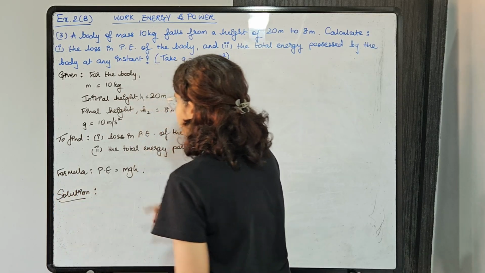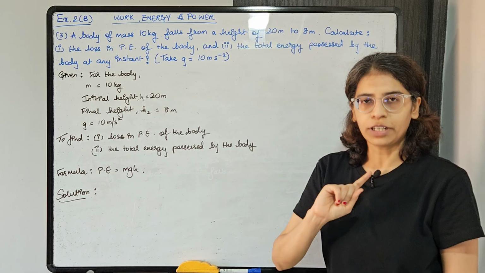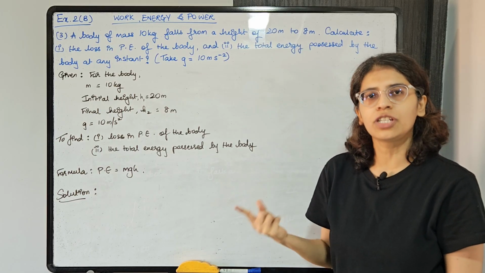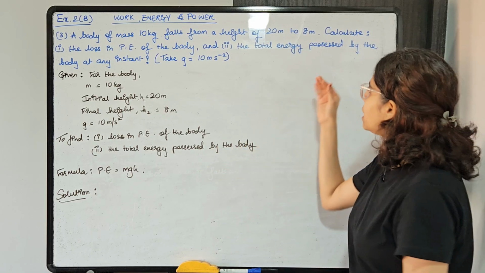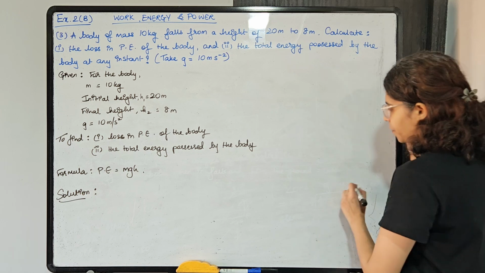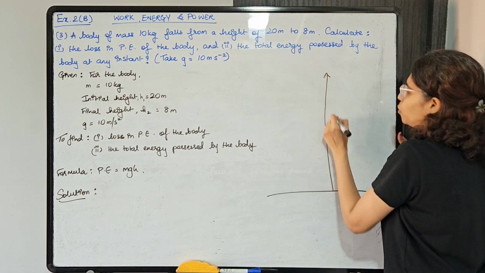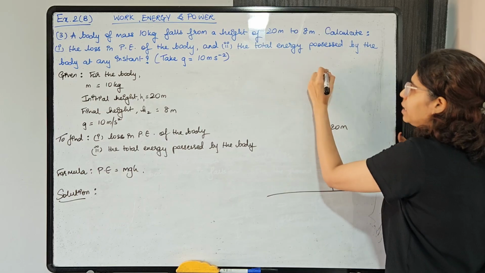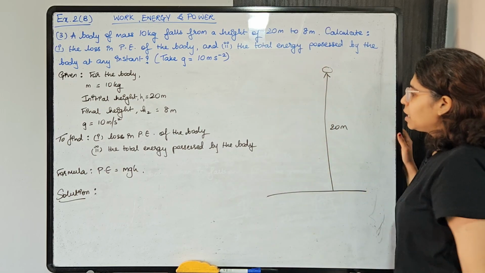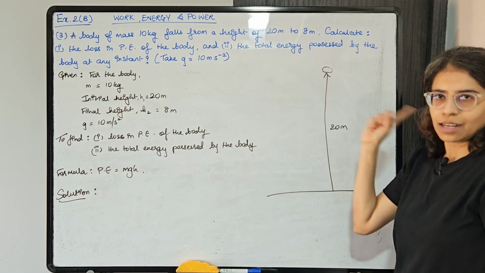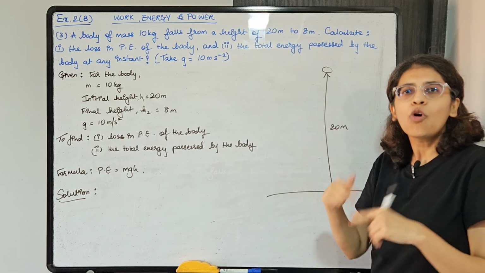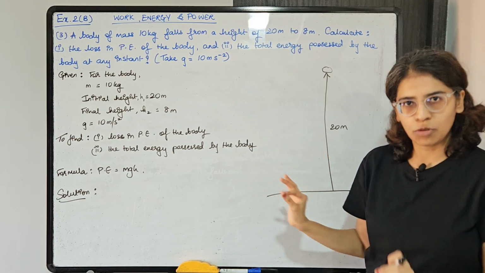Now starting with the solution, first we need to find out the loss in potential energy of the body. Why are we saying loss in potential energy? Because the body is initially at a greater height. From the ground the body is at a height of 20 meter. Body is over here, so the height is more at first. The greater the height, the more the potential energy possessed by the body.